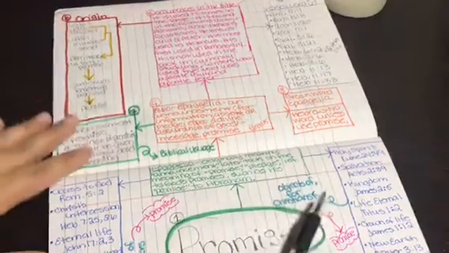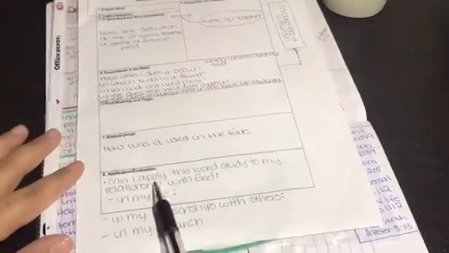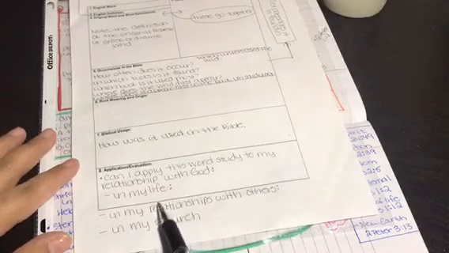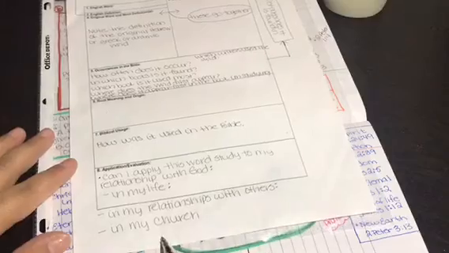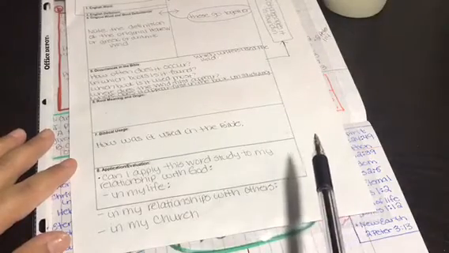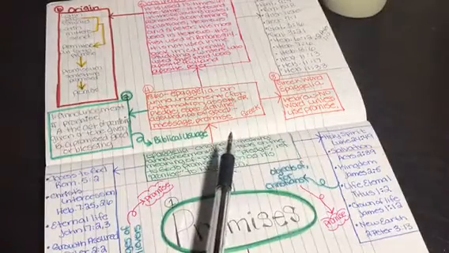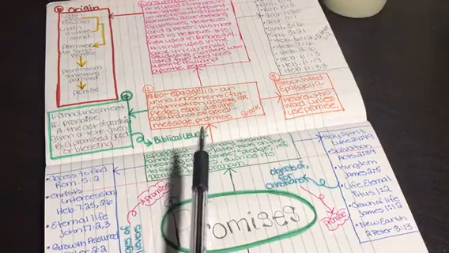And then finally, the last thing of our word study is the application and evaluation. Pretty much, how can you apply this word in your life, your relationship with God, your relationship with others, and in church. And if you run out of space like this, what I normally do is I grab a sticky note.